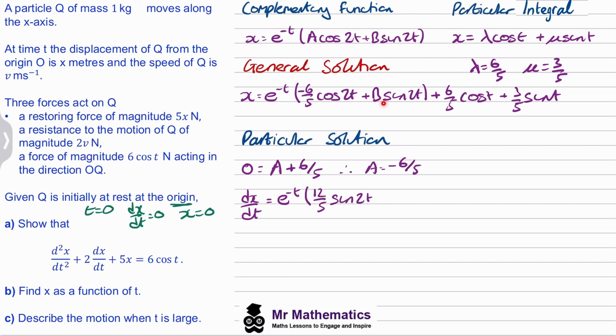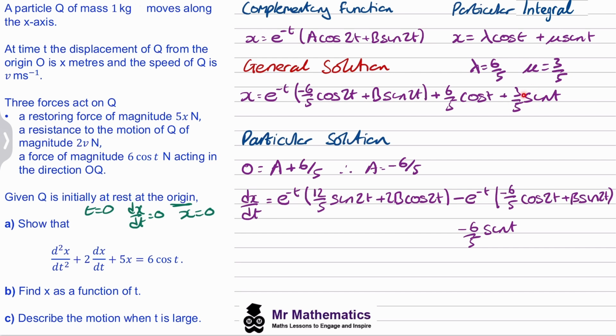When we're differentiating this, we get positive 2b cos 2t, plus du. When we're differentiating this term, we get negative e to the negative t, multiplied by the v term. We'll differentiate this and we get negative 6 over 5 sine t.